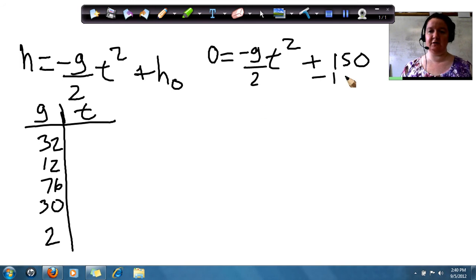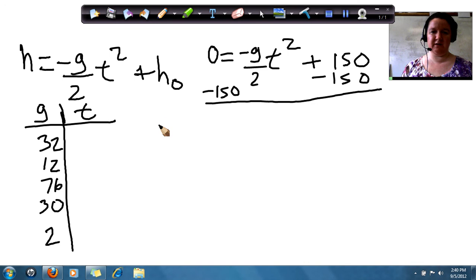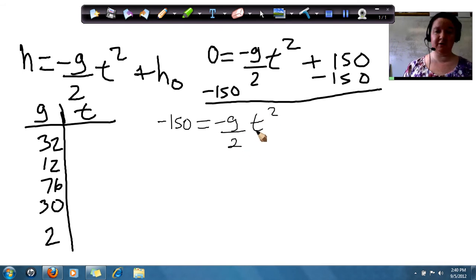So I'm going to subtract 150. That's going to give me, I'm going to go to a smaller font so I can get more written on the page, a negative 150 equals a negative G over 2 times t squared, because we're trying to determine the amount of time it takes for the rock to hit.